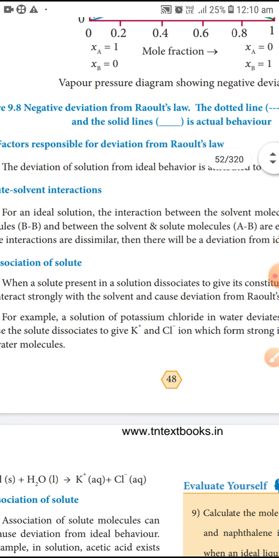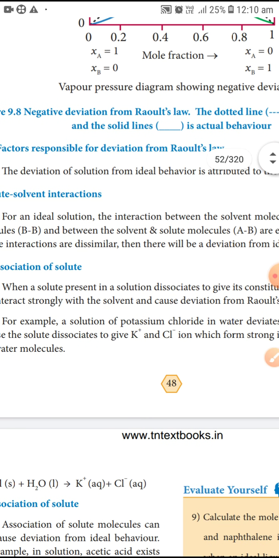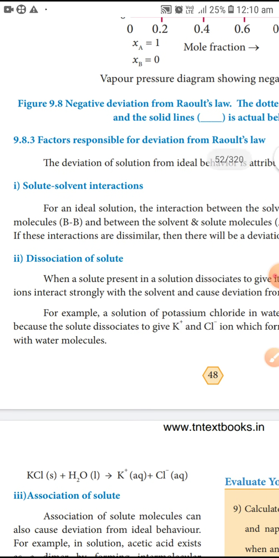The next point is dissociation of solute, that means decomposition of solute. When a solute present in a solution dissociates to give constituent ions, the resultant ions interact strongly with the solvent and cause deviation from Raoult's law.